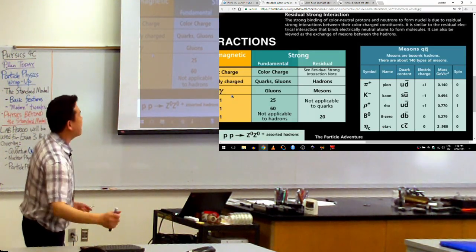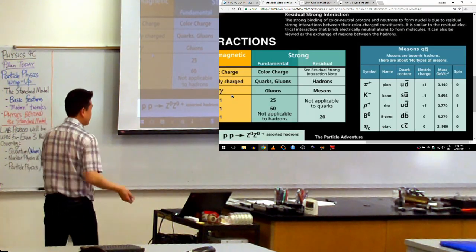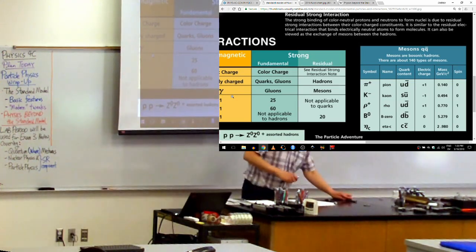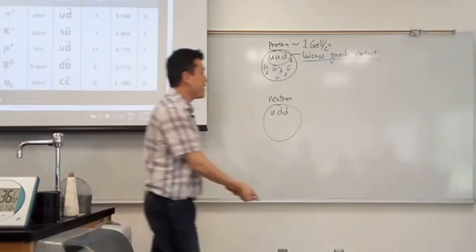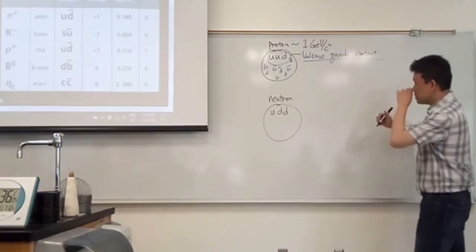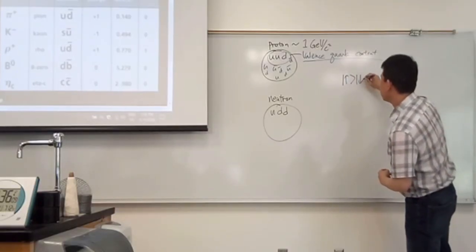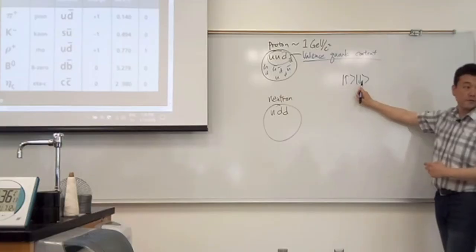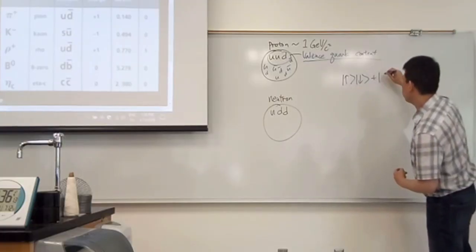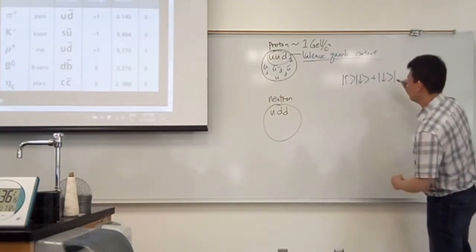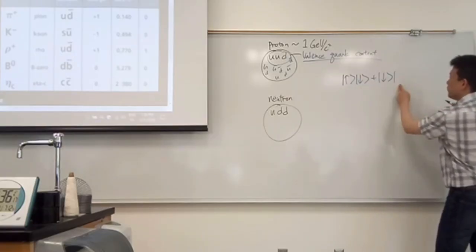Because, okay, so I can't test you on this because when we did this in the lab, I told you I won't test you on it, so I won't test you on this. But in the lab, what you saw was when you have a combination of spin up and spin down, two spin half particles that are combined in this way. So this is particle 1, 2, 1, 2.